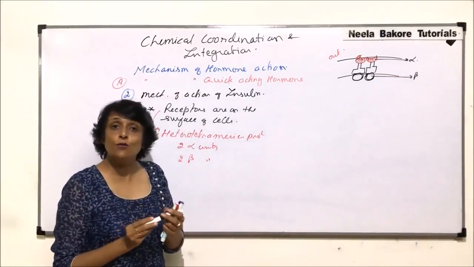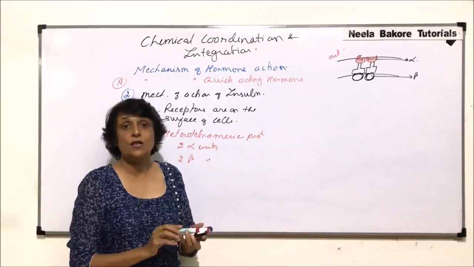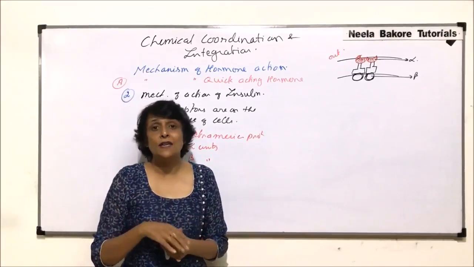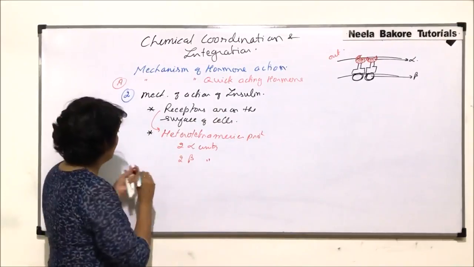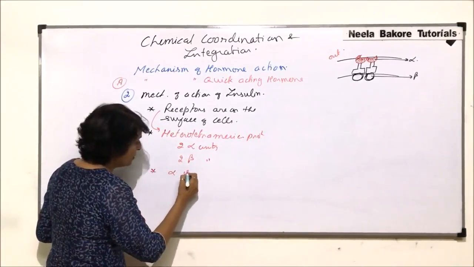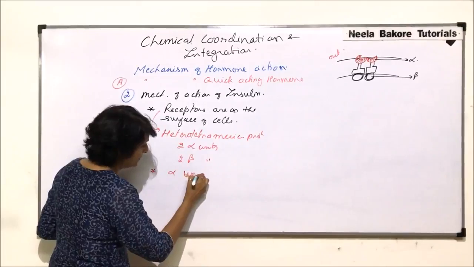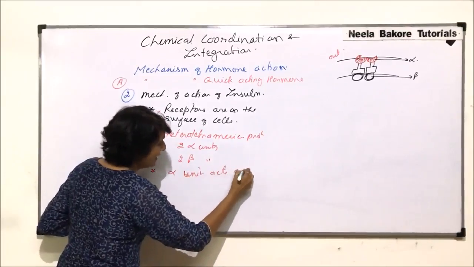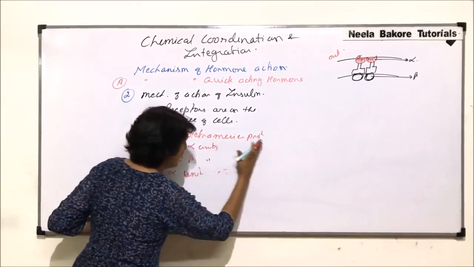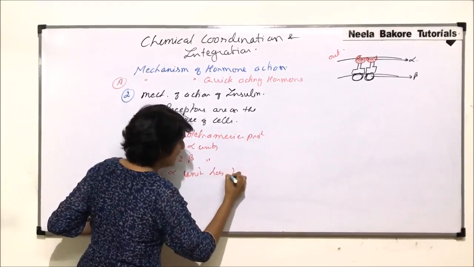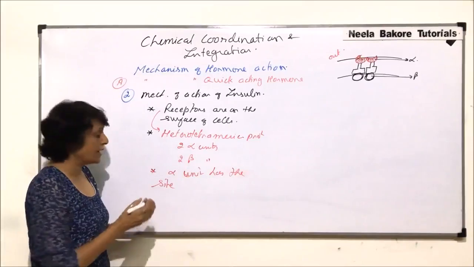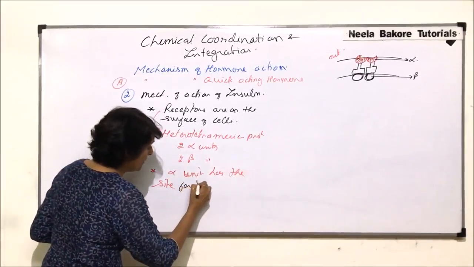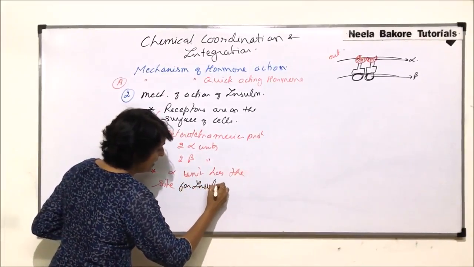So there are 2 alpha units and 2 beta units. The receptor of insulin is actually on the alpha unit. So the alpha subunit has the site for insulin binding.